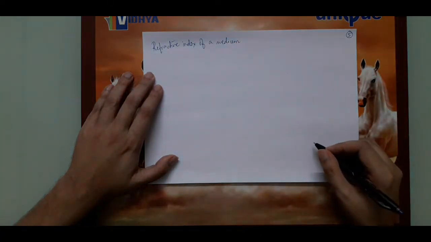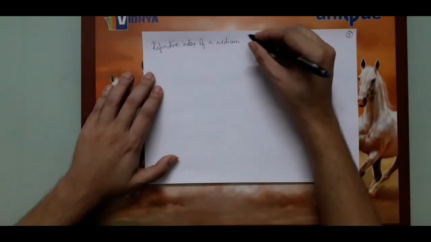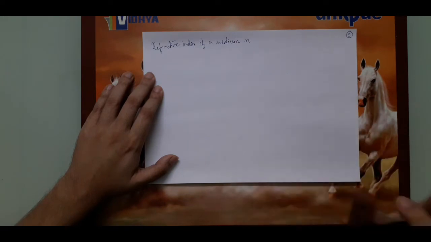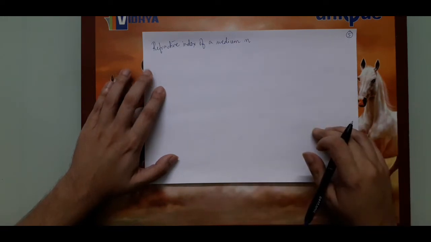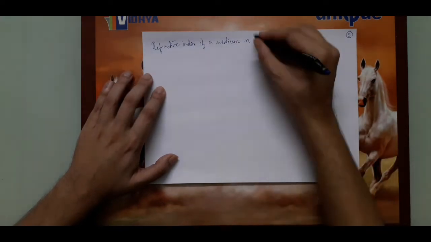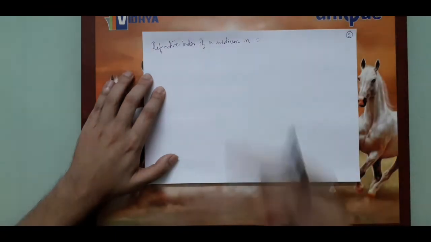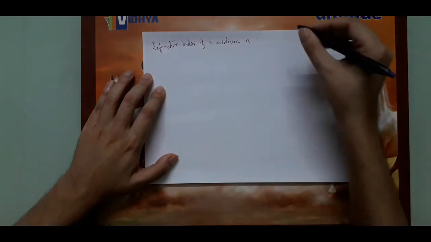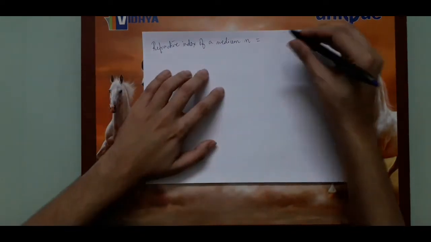The refractive index of a medium, in simplest terms, you can define it using Snell's law, but without doing that, we can define it in terms of the wave velocities also. We call that refractive index n, which is nothing but the ratio of velocities in the two media.